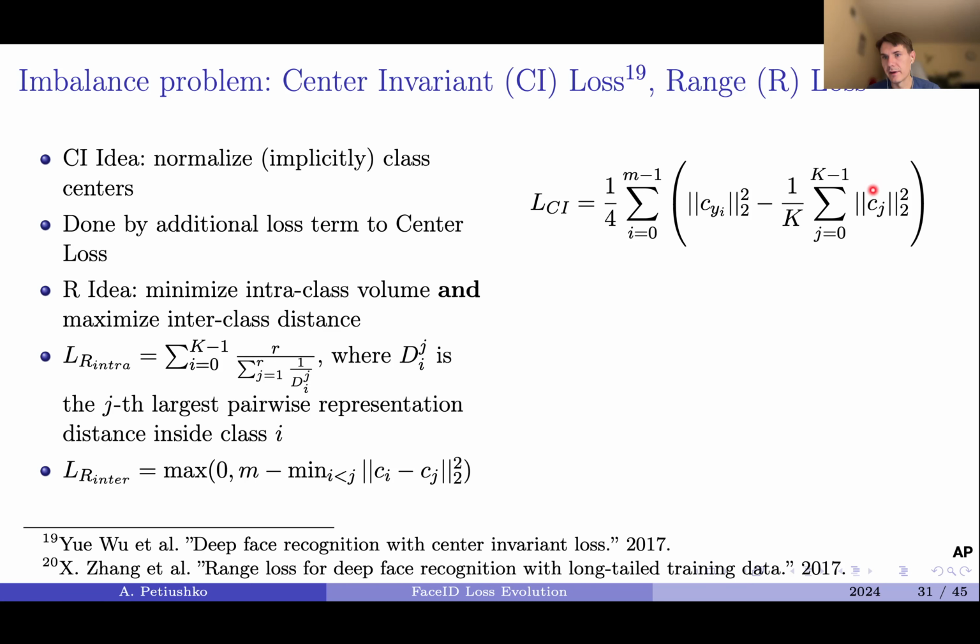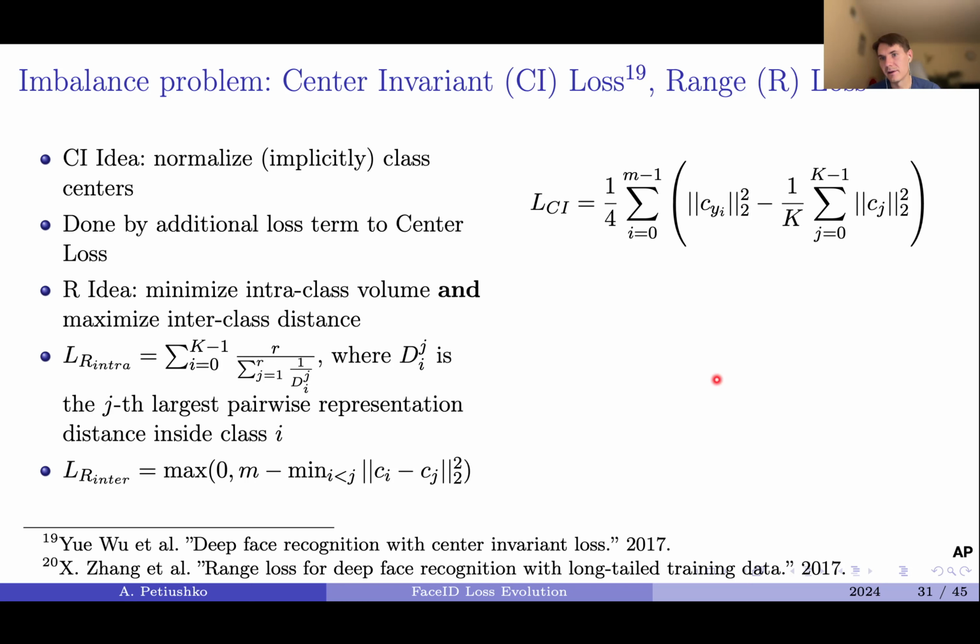So we have the Cj, the class centers. So what we are doing, we are just trying to find this average of their norms, and then we are just doing this minus the current norm of the current centroid.